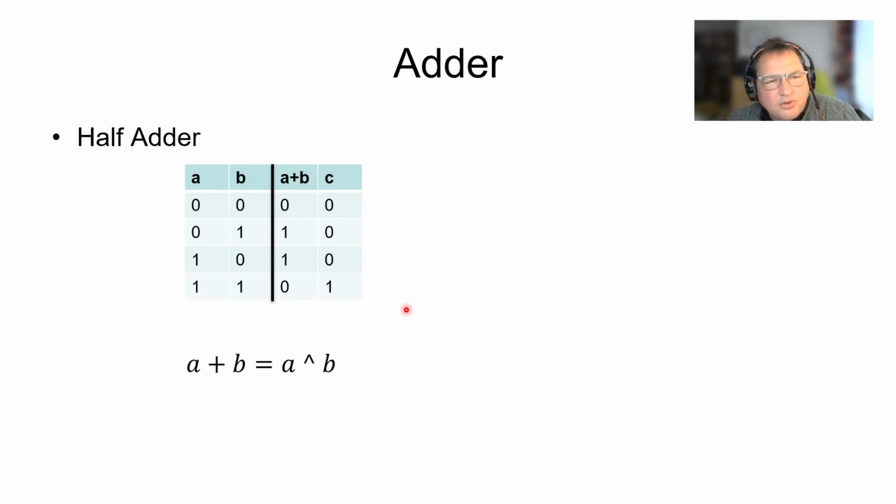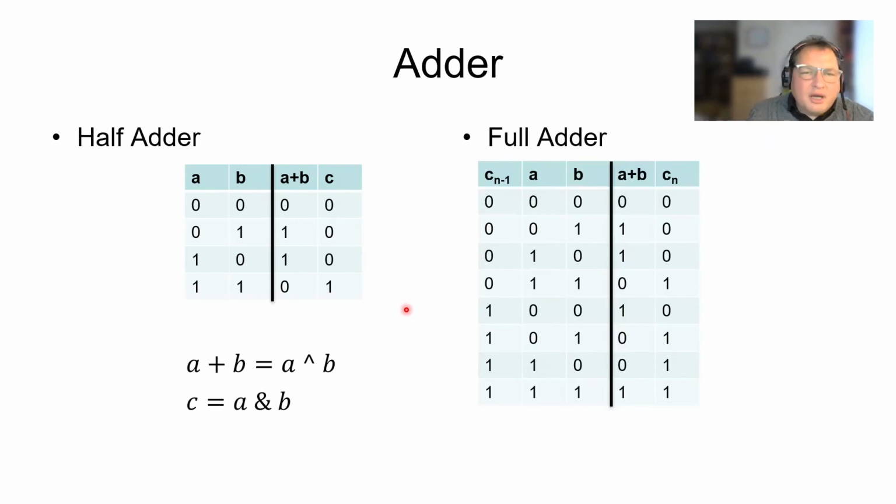And the formula for the carryover bit is A and B. So these two very simple formulas, A XOR B and A and B, give us the bitwise logic-based recipes for binary addition.